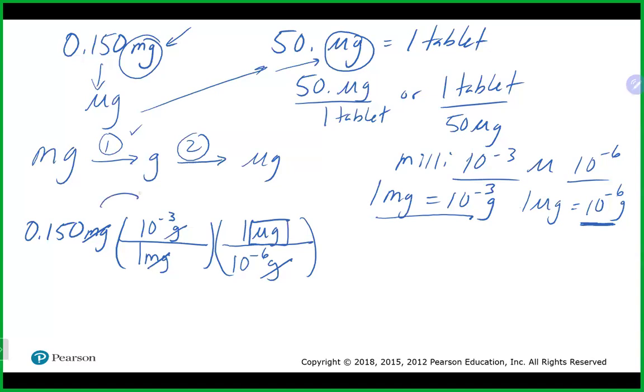So we're going to multiply and divide. We're going to divide by 1 times 10 to the minus 6. So the minus 6, and that's going to give me 150 micrograms at this point. First off, any questions on that, by the way?